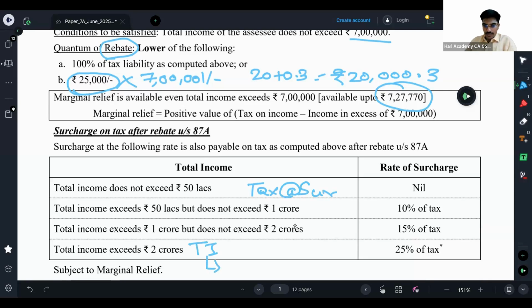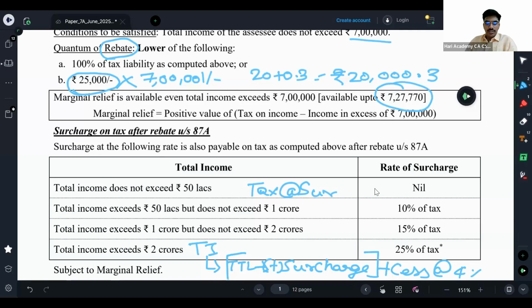From the total income, you will have total tax liability. In the total tax liability, which is based on rates of tax, you have to add surcharge. On tax plus surcharge, you have to add cess. Cess is going to be at 4% always.